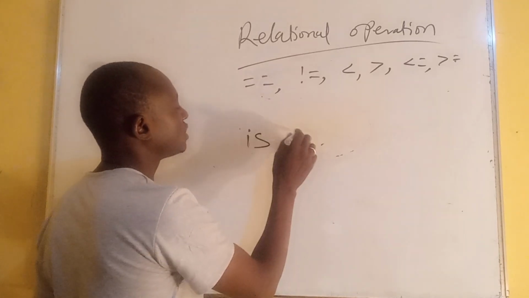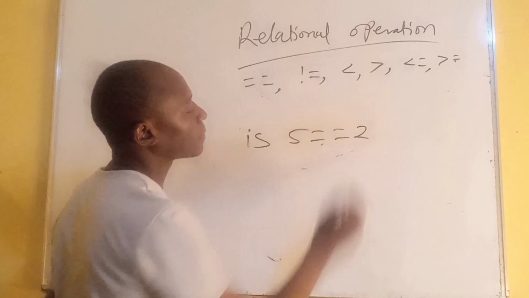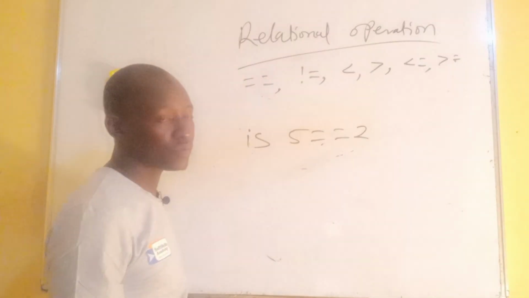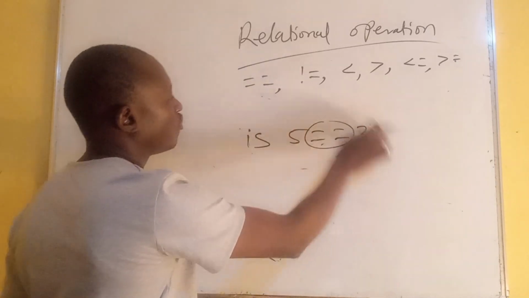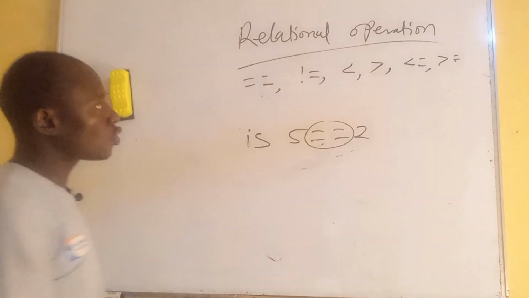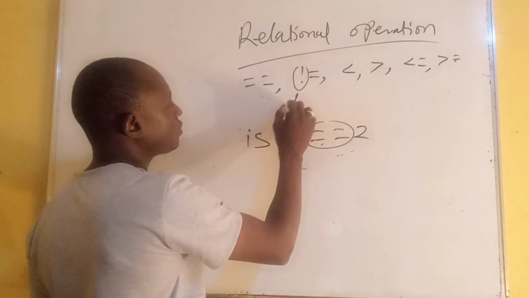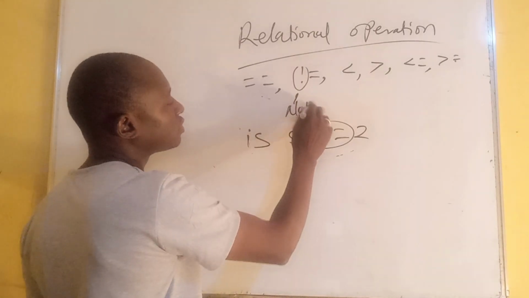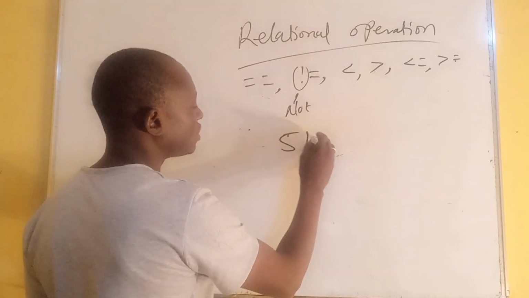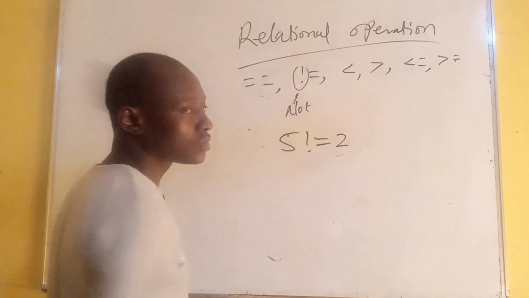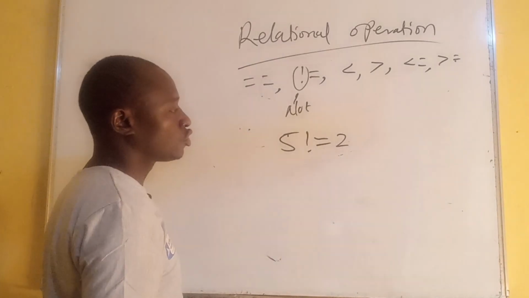So we use this to compare for variables. This is used for not. Thus, 5 is not equals to 2, isn't it? 5 is not equals to 2.